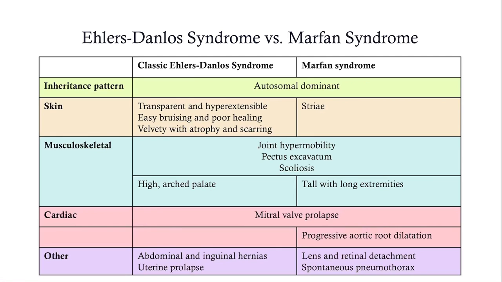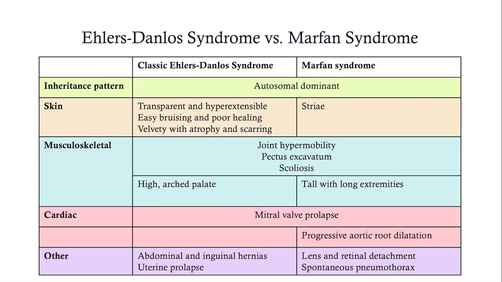I've got a friend who's got Marfan syndrome, and if you ever look at his fingers, they're like spider legs. It's crazy. Really look for that tall, long extremity description in a vignette that's pushing you towards Marfan syndrome. Both can have mitral valve prolapse, but again here, the skin manifestations pointed to Ehlers-Danlos syndrome.